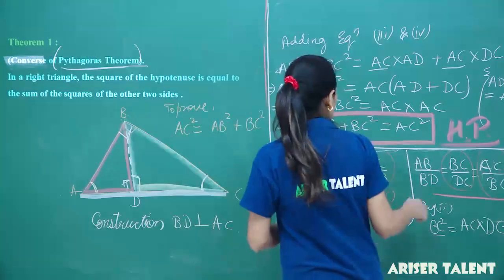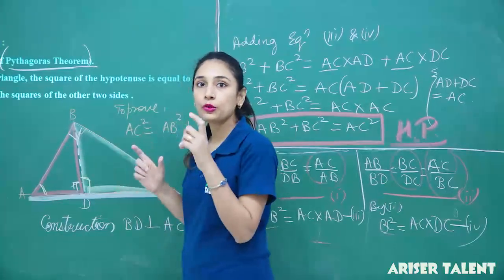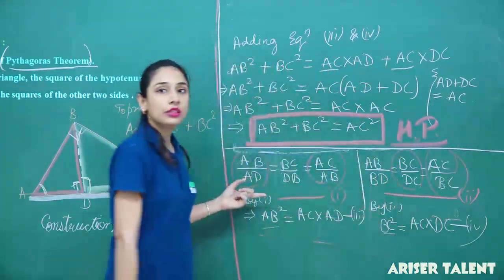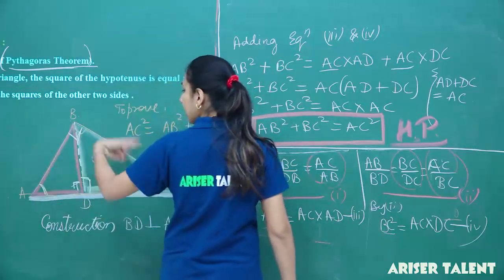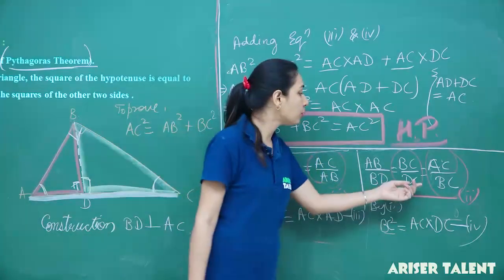This is the process we have done till here, and by the Thales proportionality theorem, we have written the three proportions here like this. This for the pink and complete triangle, and this for the yellow and complete triangle.